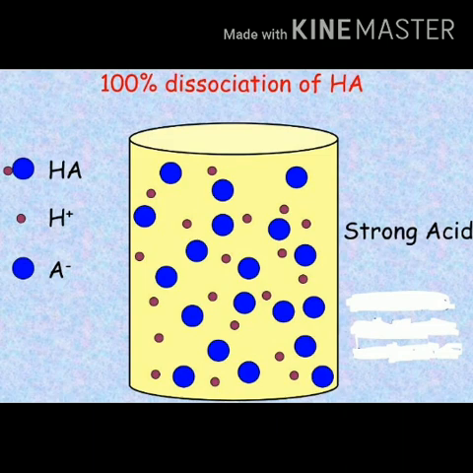Here you can see the acid HA has H plus and A minus, two counterpart ions, and all the H plus and A minus are dissociated and individually moving in the solution. So HA is a strong acid.